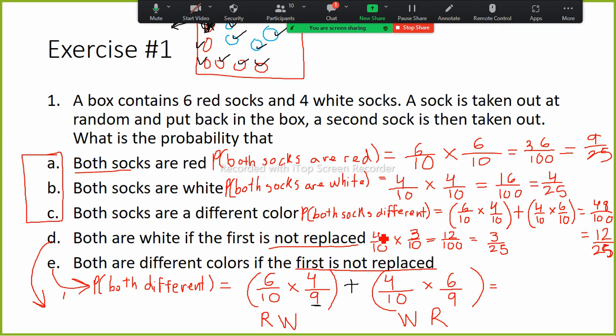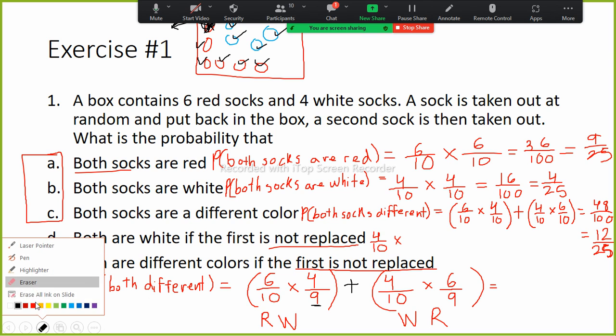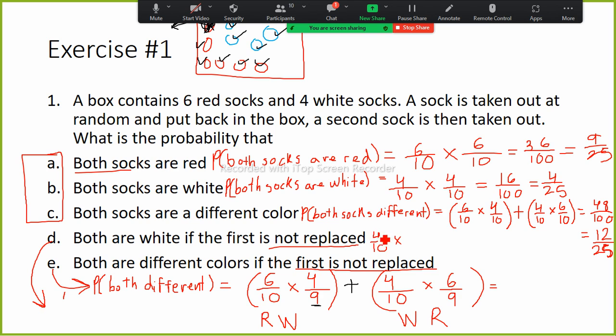Because there are only 4 white socks and 10 in total, right? Multiplied by, remember, we are going to take out a white sock and we're not going to replace it back. All right, so D is actually wrong. Please change D. When you look at it, we're not replacing back this white. So when we take it out of the box, we're going to have 9 socks in total.